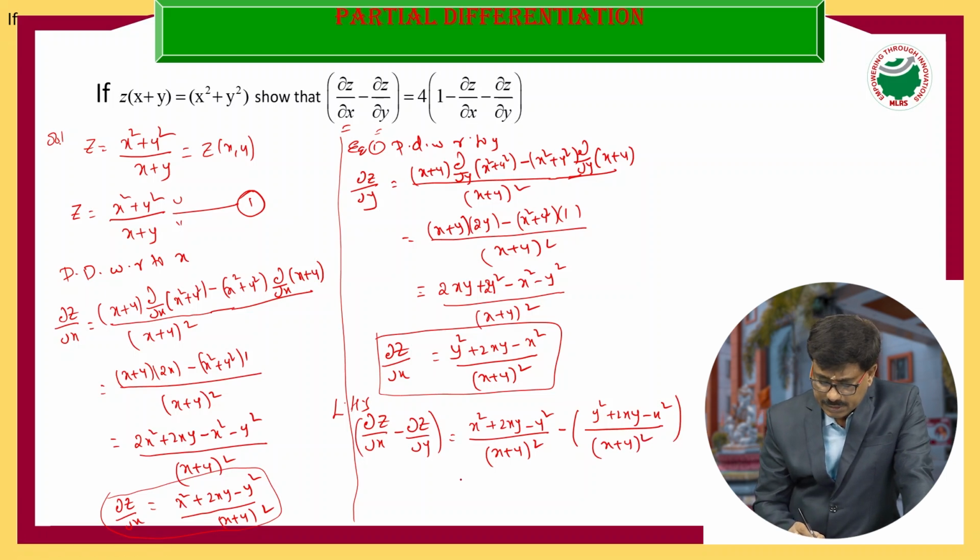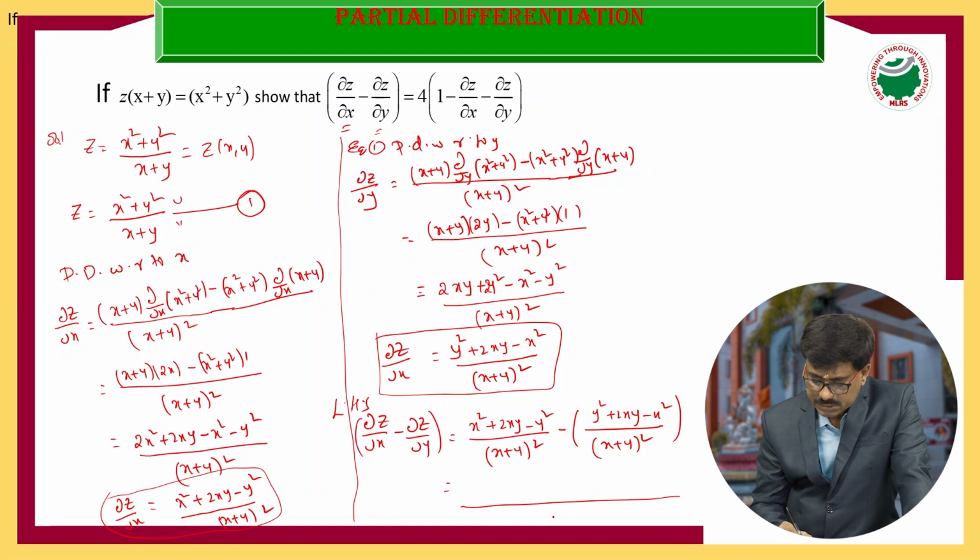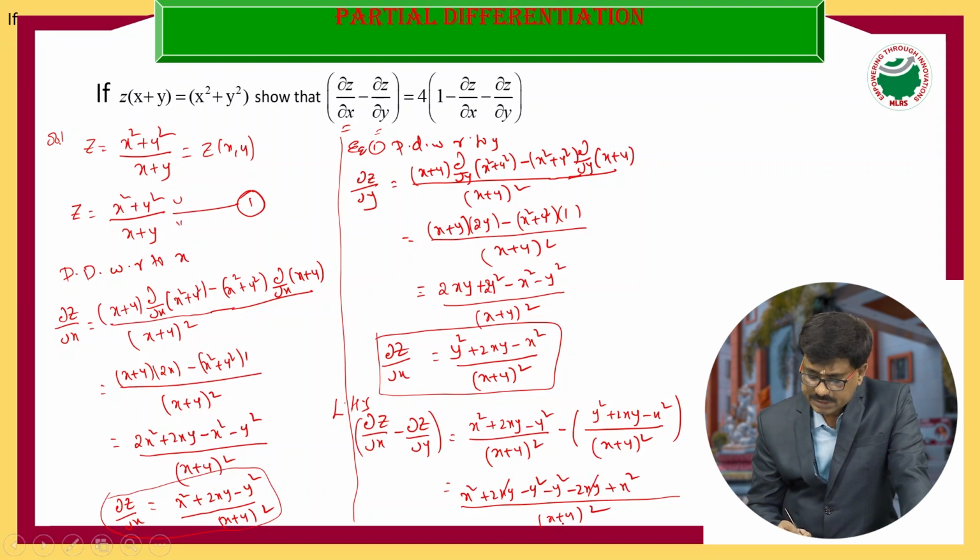So, take the denominator value. This denominator is constant, (x plus y) whole square. What happens? x square plus 2xy minus y square. If I open the bracket, minus y square minus 2xy plus x square, the 2xy and minus 2xy get cancelled.